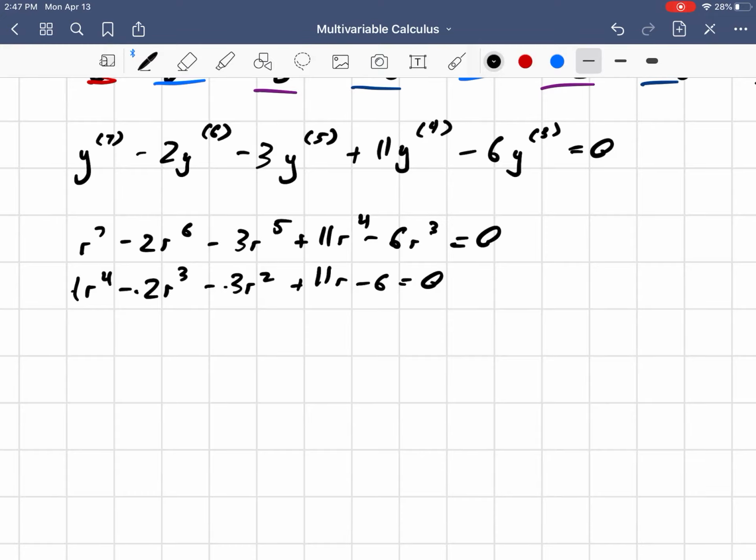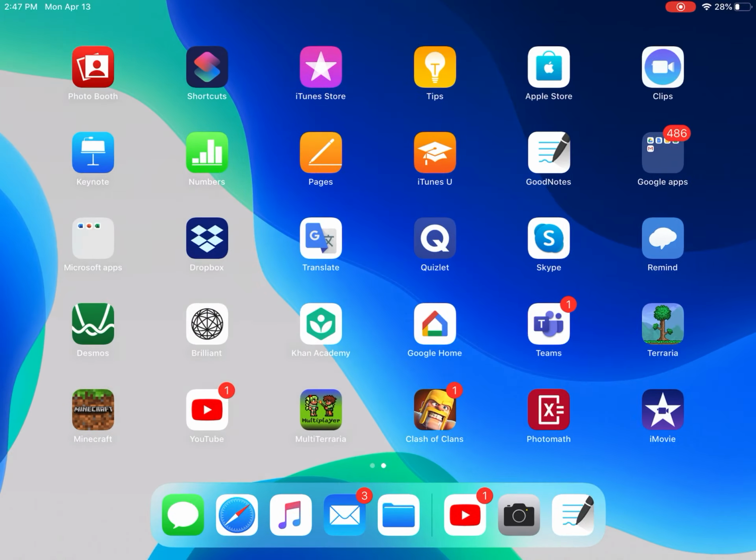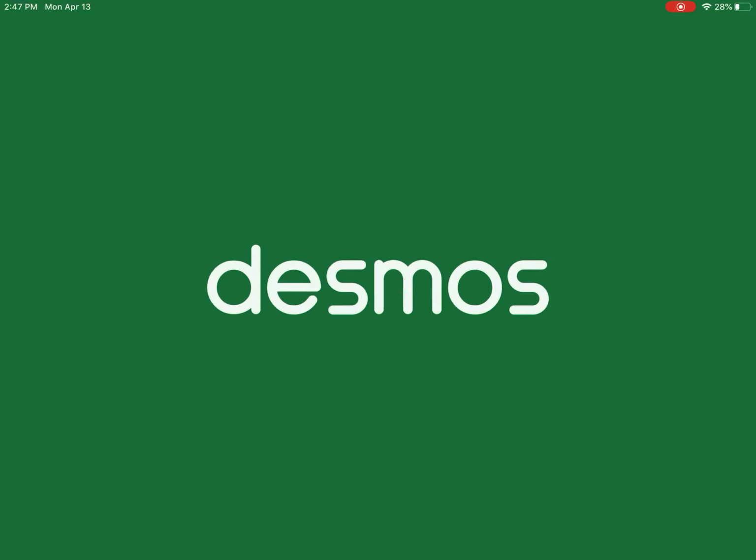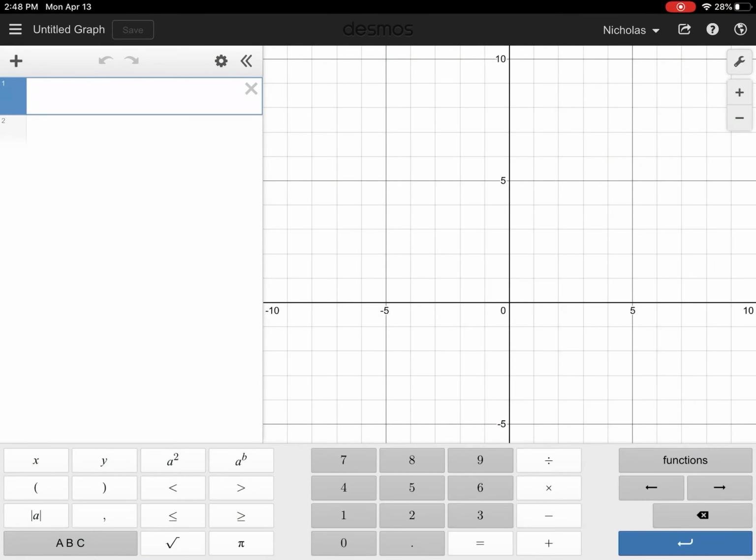I'm going to graph that on Desmos. Let me write it down real quick. We have 1, a negative 2, negative 3, 11, and a negative 6. And let's just see what this looks like on Desmos here.